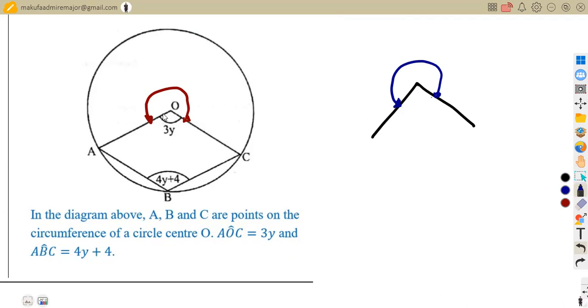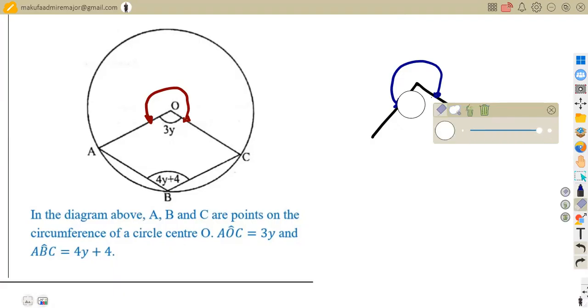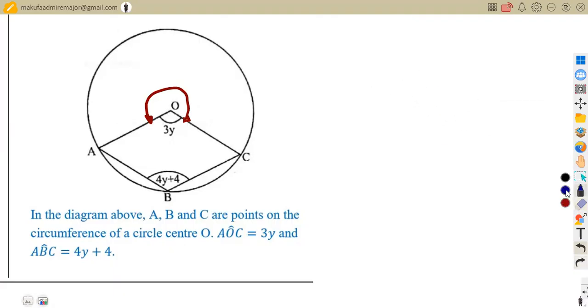So from the center concept, angles completed in a complete revolution should give us what? 360. So if we combine the two angles, we are supposed to obtain 360 degrees. So in terms of y, our reflex AOC is going to be what? 360 degrees minus the 3y that we are given, the angle that is inside.